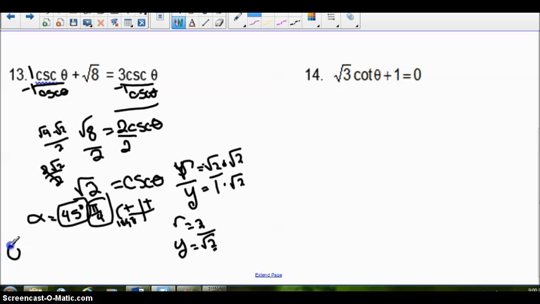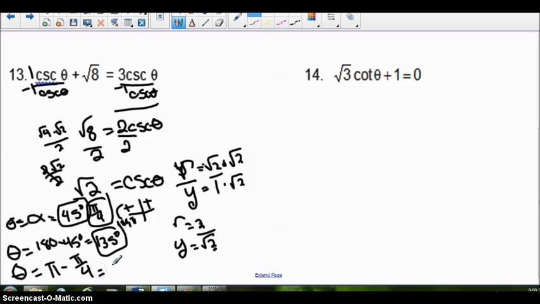So theta could also be 180 minus 45, or 135 degrees. And theta could also be pi minus pi over 4, which is 3 pi over 4. Okay, so all 4 of those boxes there would work as theta.